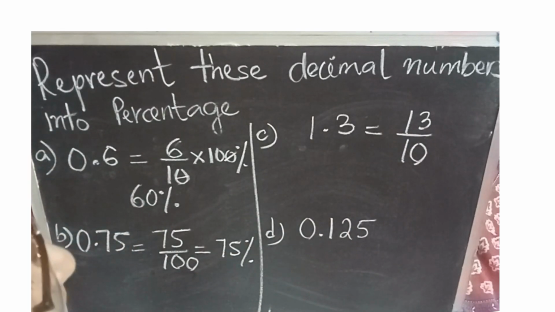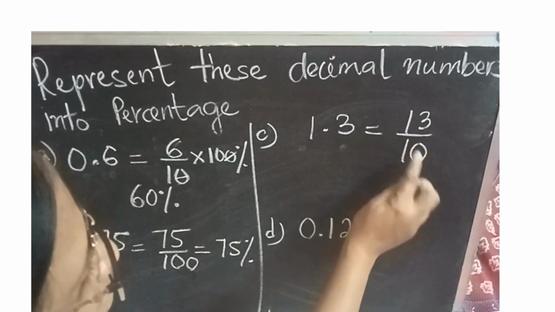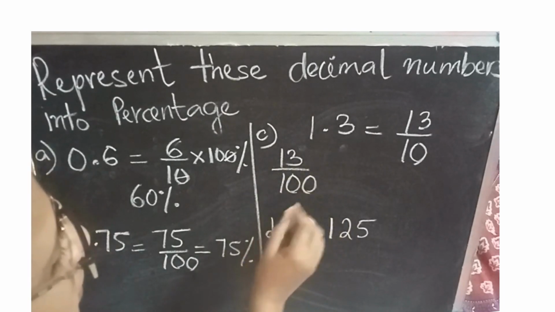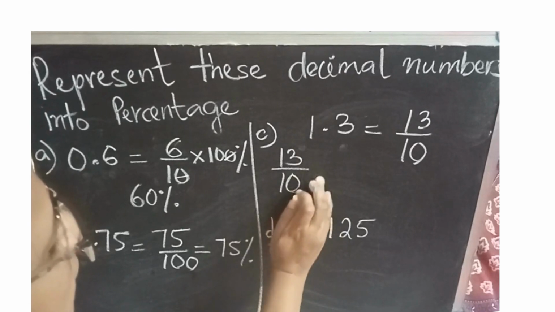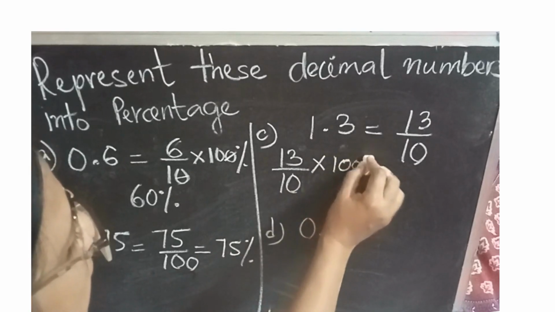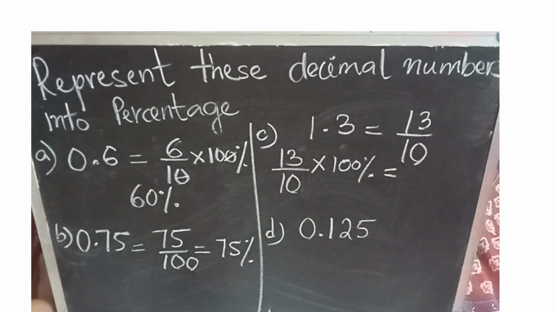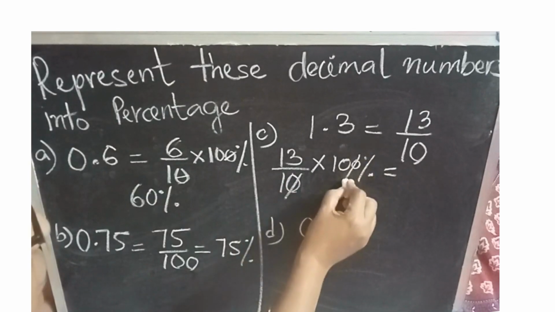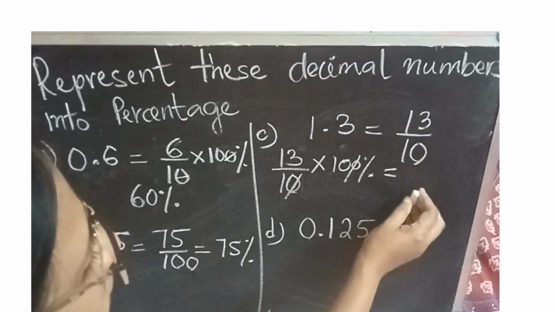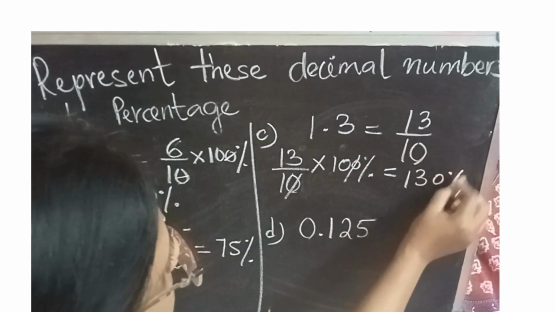Now 13 by 10, we will convert it into a percentage by multiplying it with 100%. So we simplify and we get the answer 13 into 10, that is 130%.